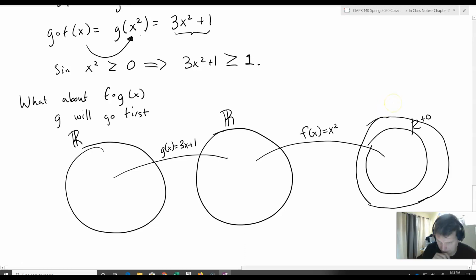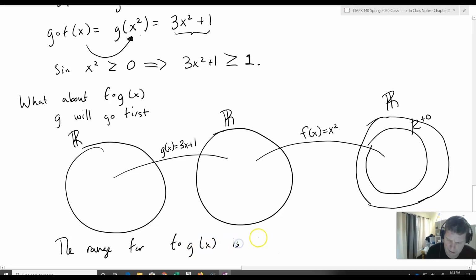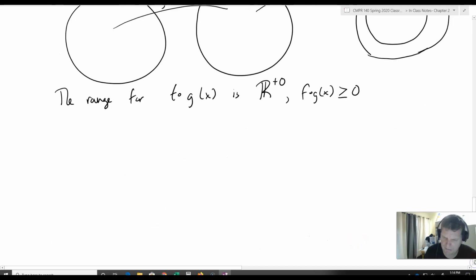And so consequently, what we get is that our codomain for the entire function is R, but our range for the entire function is now just R plus 0. Okay? So the range for f of g of x is R plus 0, or f of g of x greater than or equal to 0. Those are the only values that we could possibly have.